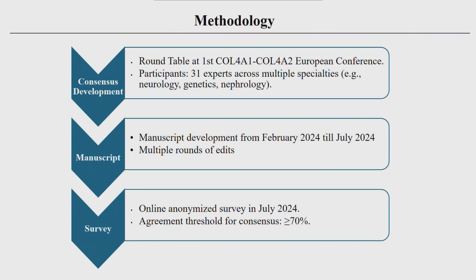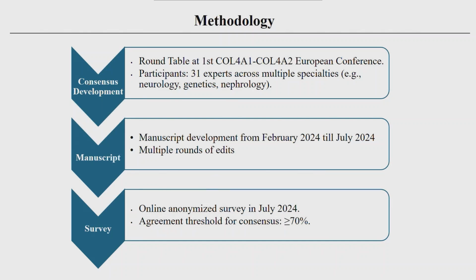We had 31 participants from a wide array of specialties. After that round table, we developed the manuscript and worked through multiple rounds of iteration and edits. After that, we provided online anonymized surveys for our experts and specialists, and the agreement threshold for this consensus was 70%.